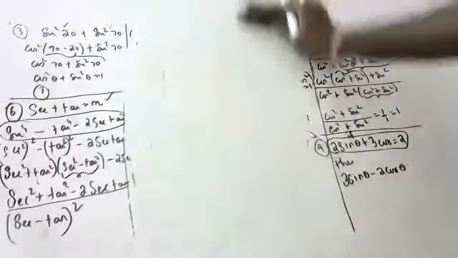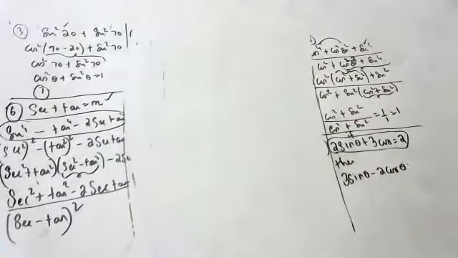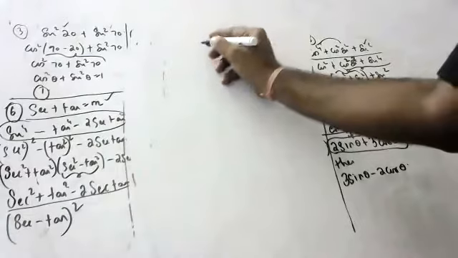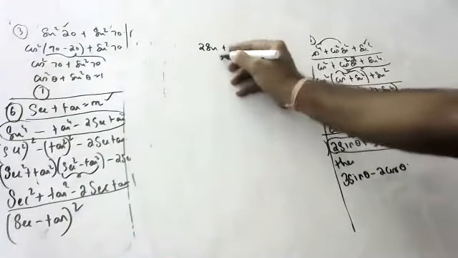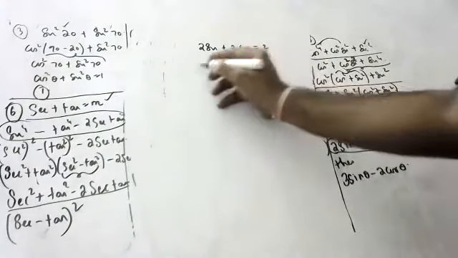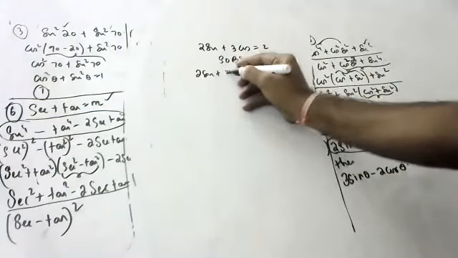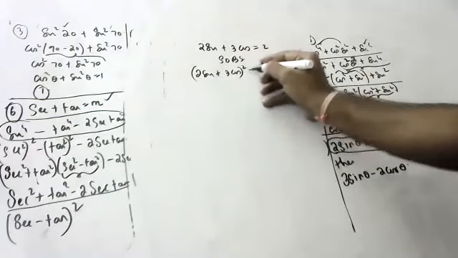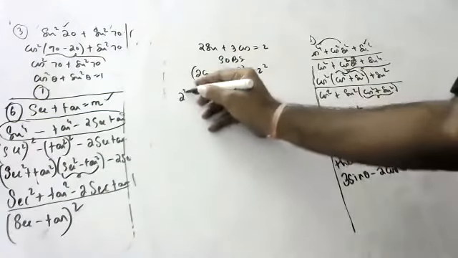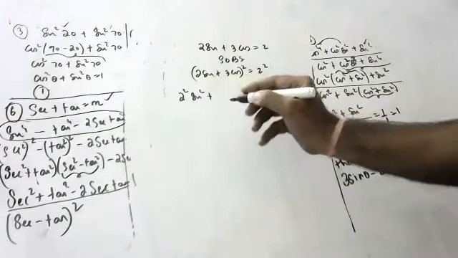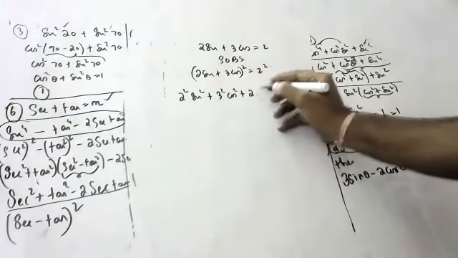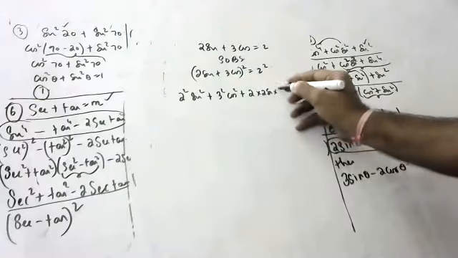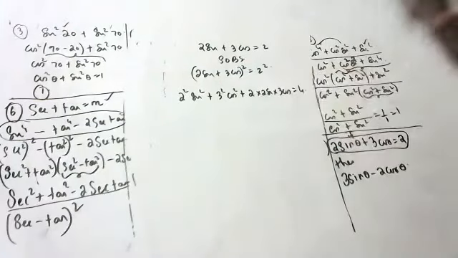Anyone wants to say, children? 2 sin θ + 3 cos θ = 2. Squaring on both sides: (2 sin θ + 3 cos θ)² = 2². 2² sin²θ + 3² cos²θ + 2 into 2 sin θ into 3 cos θ, is equal to 4.